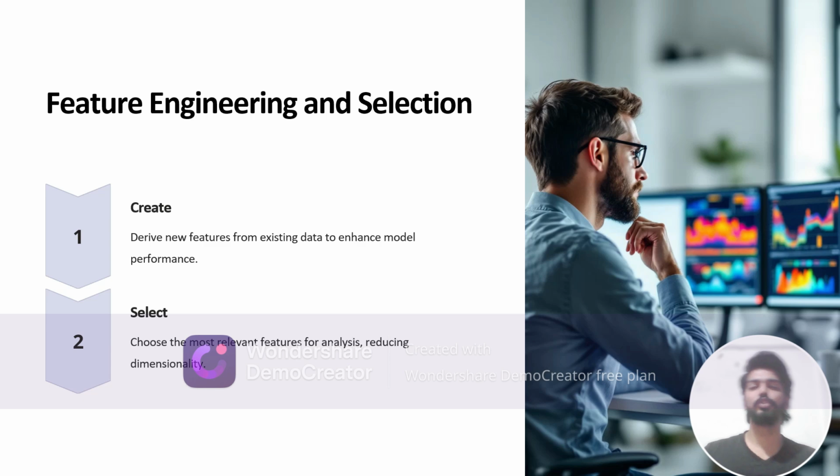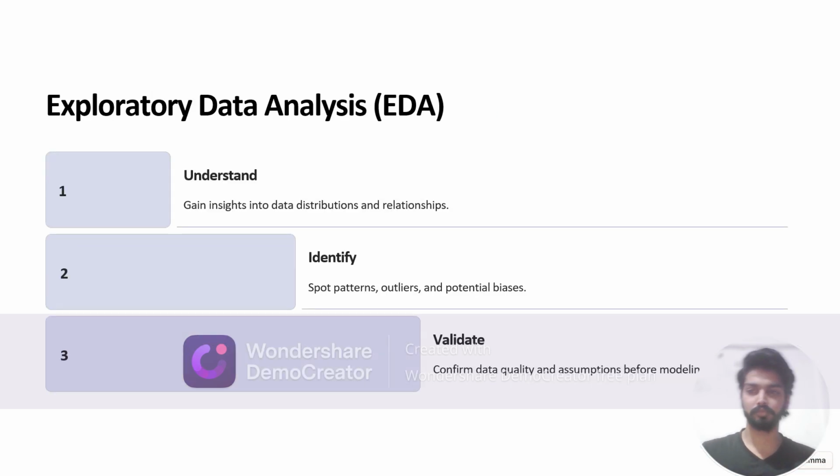Basically, you enhance model performance by deriving features from the existing model and improving those features to create some new model features to increase the performance. Choose the most relevant features for analysis, reducing dimensionality. Basically, you need to select the best out of the models to reduce the dimensionality and many more.